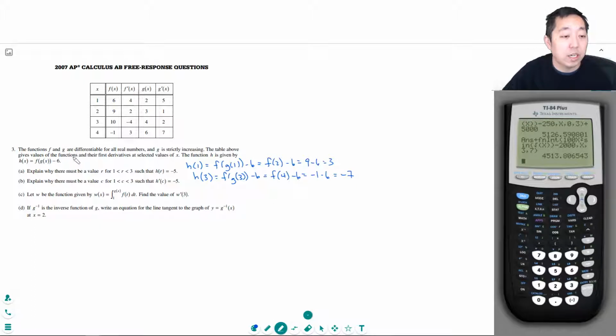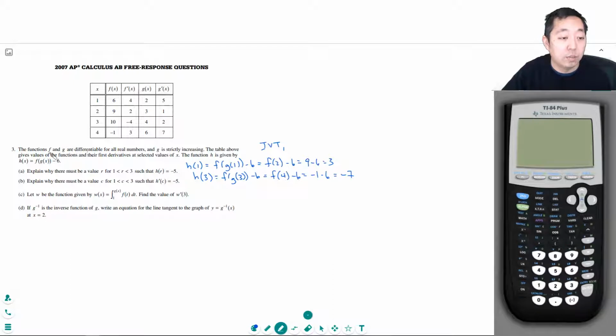So you see function h, over this range from 1 to 3, went from 3 to negative 7. By the intermediate value theorem, it must have crossed through negative 5 as long as it's continuous. Is h continuous? F and g are differentiable, so that means they're continuous, because they can't be differentiable unless they're continuous.